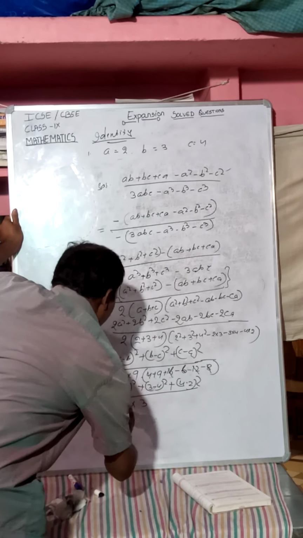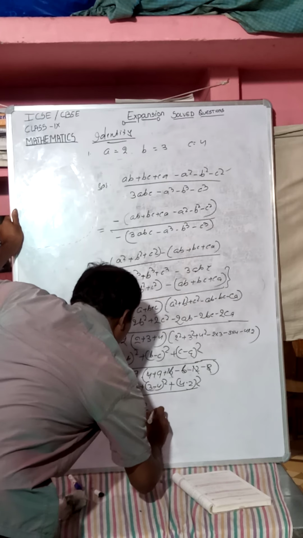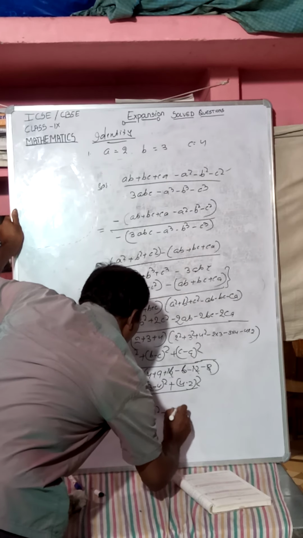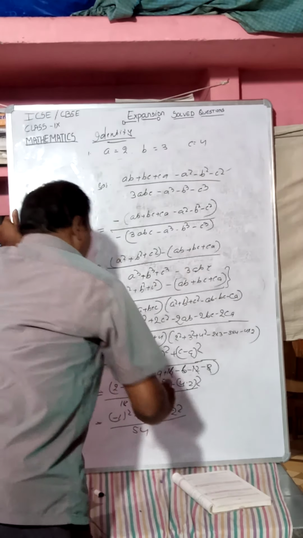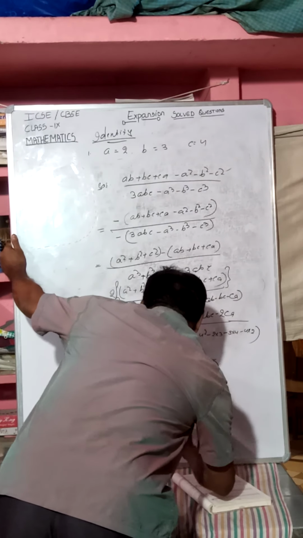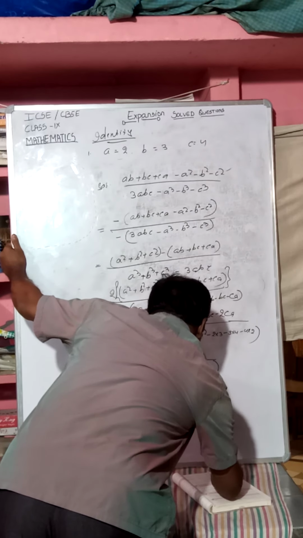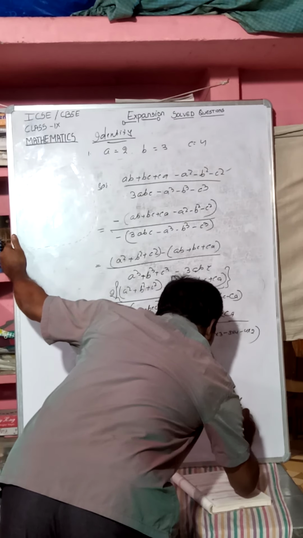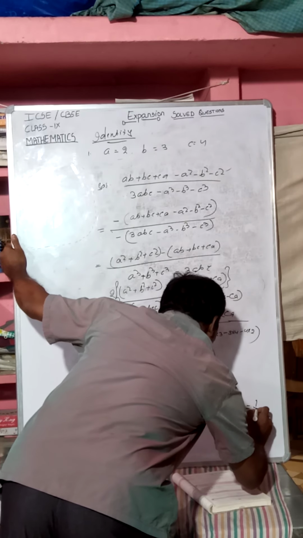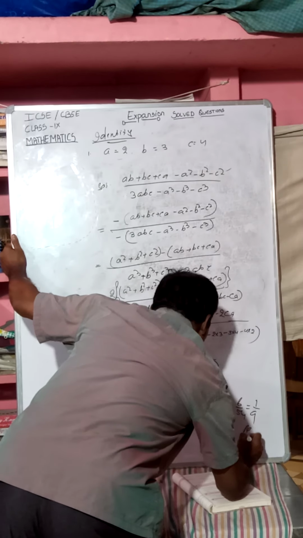That is equal to (minus 1) whole square plus (minus 1) whole square plus 2 whole square by 54, that is equal to (1 plus 1 plus 4) by 54, that is equal to 6 upon 54, that is equal to 1 by 9. This is the answer.